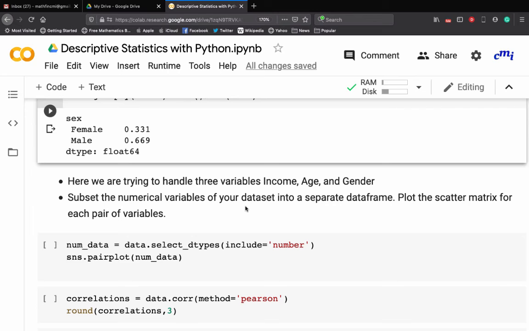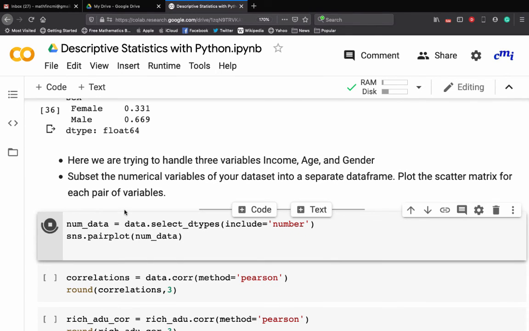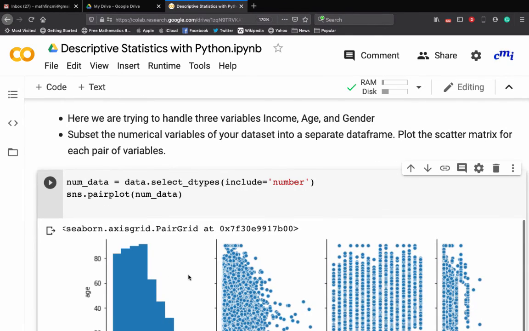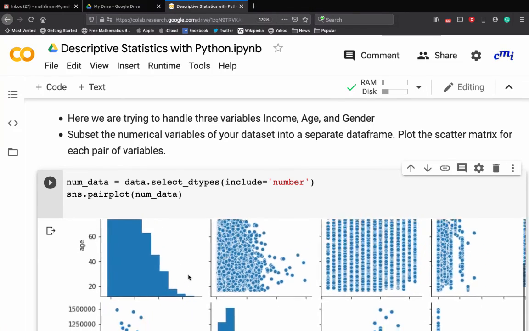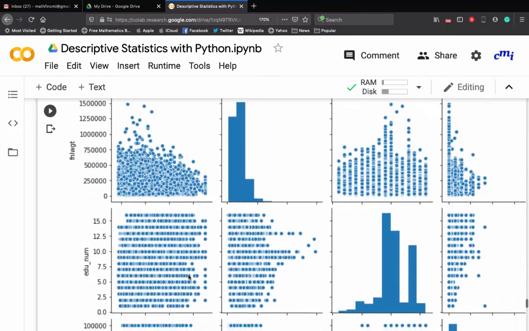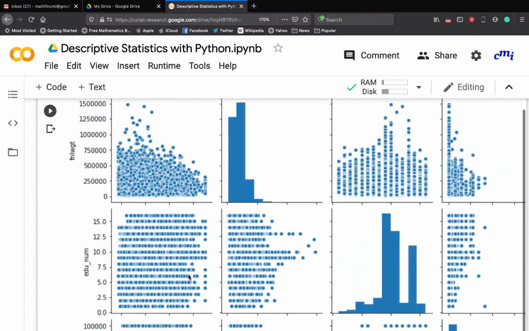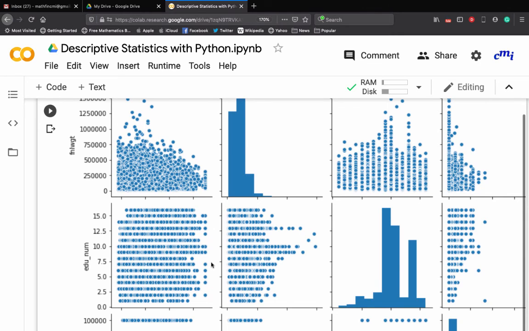Subset the numerical variables of your dataset into a separate data frame and plot the scatter matrix for each pair of variables. You can see how age is distributed and how other variables are distributed. So most of the variables are not very well correlated.